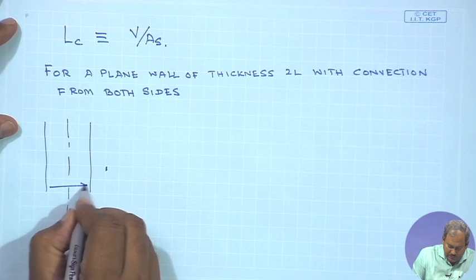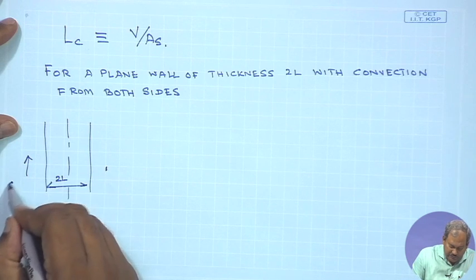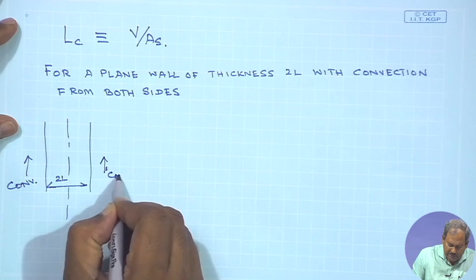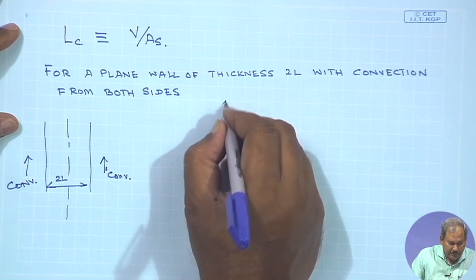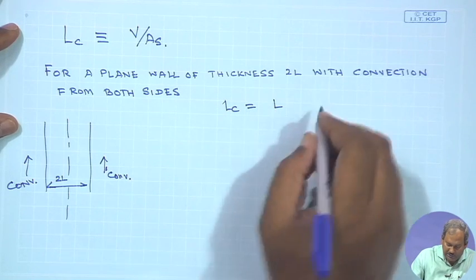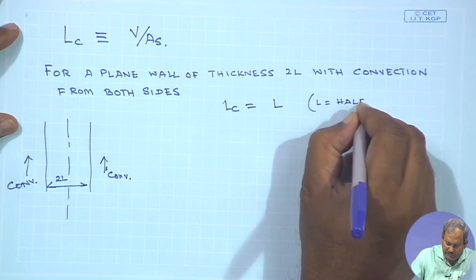The total thickness of this solid is 2L, and you have convection here as well as here. This Lc will turn out to be equal to L, where L is simply half of the thickness.